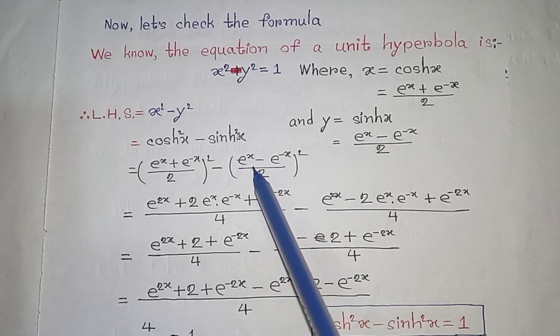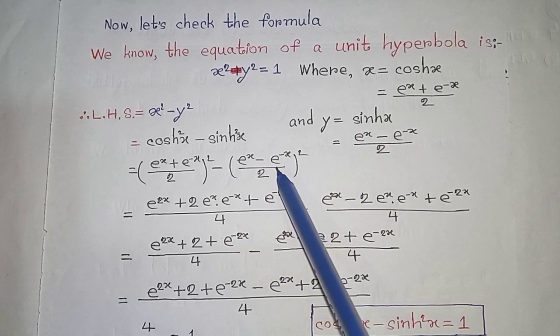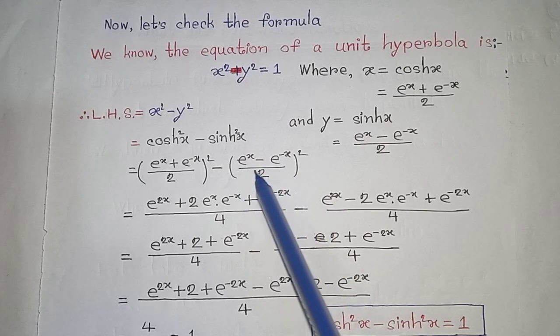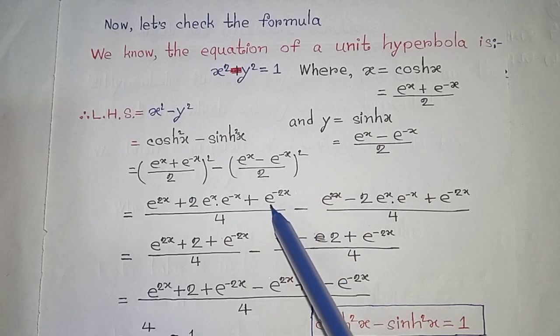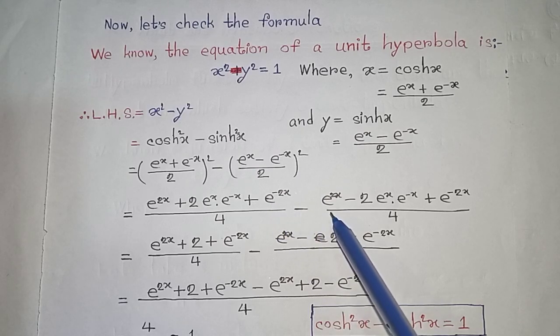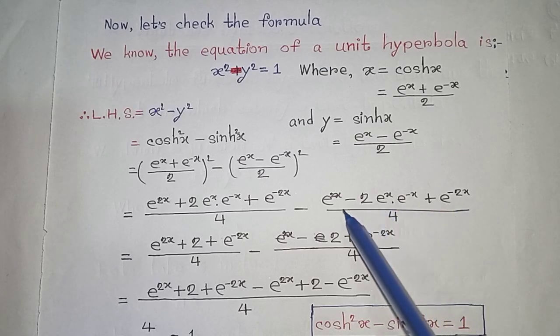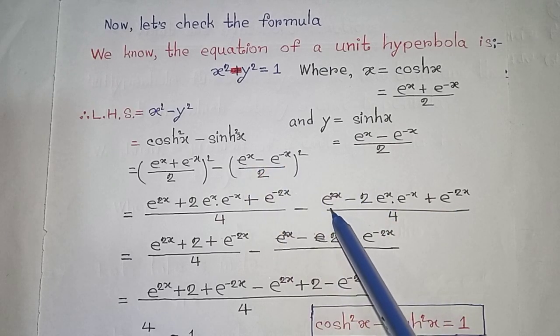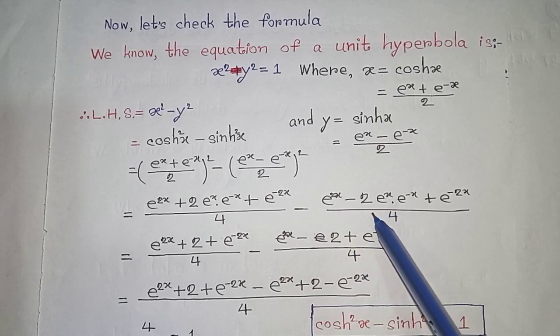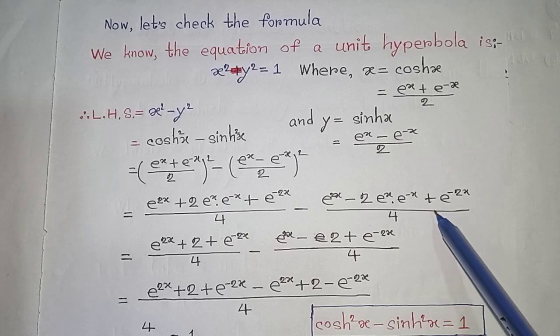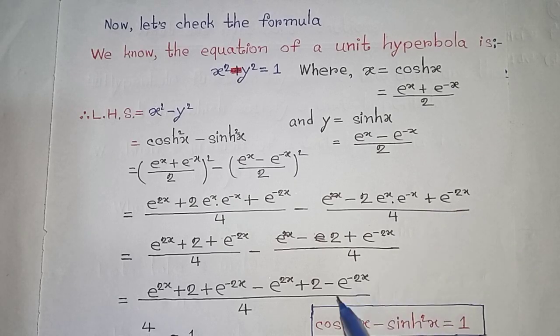If e to the power x is equal to a and e to the power minus x is equal to b, then we can compare this line with a minus b whole square. The formula of a minus b whole square is a square minus 2ab plus b square. So this part becomes e to the power 2x minus 2 into e to the power x into e to the power minus x plus e to the power minus 2x.